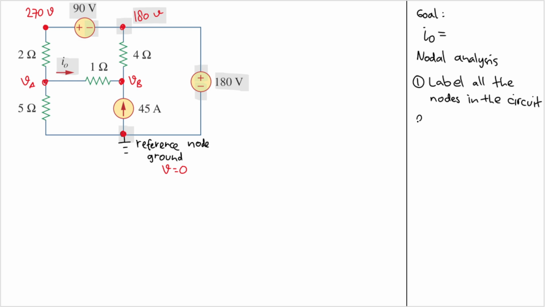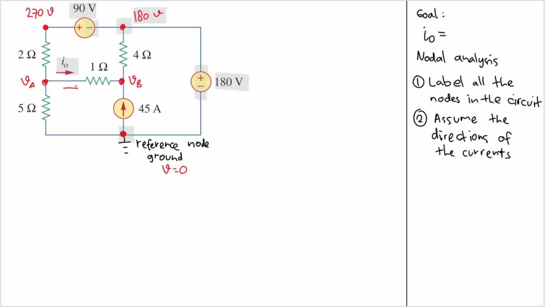So we will do the second step here, which is assume the directions of the currents. Okay, let's see here. We have been given I0, so I just follow this.